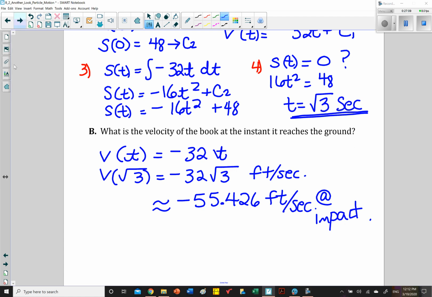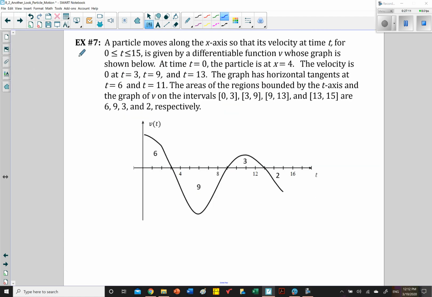All right, last example. A particle moves along the x-axis so that its velocity at time t for the first 15 seconds is given by a differentiable function whose graph is shown here. And you can see we've got the areas all along that curve, stopping at 15.